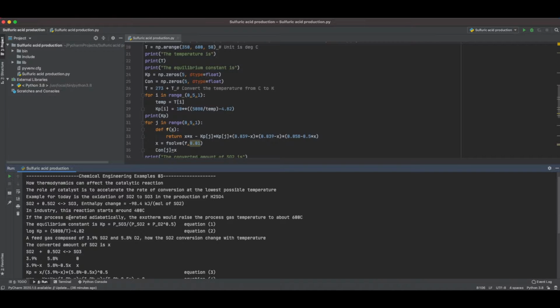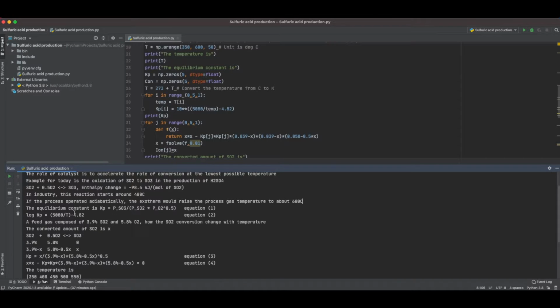If this process is operated adiabatically, the heat released during this reaction can raise the process gas temperature up to 600 degrees C. And we are going to see how this temperature increase is going to affect the SO2 to SO3 conversion. To calculate the conversion, we need to know the equilibrium constant.